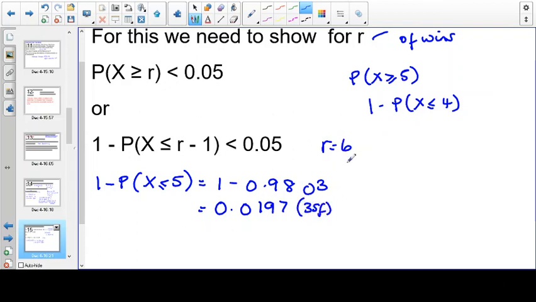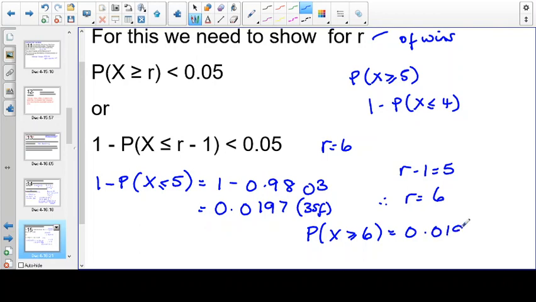So you can see when this is 5, when I take it away from 1, 0.0197 is now below that 5%. So R minus 1 was 5, therefore R equals 6. So the probability of getting 6 or more wins is 0.0197.